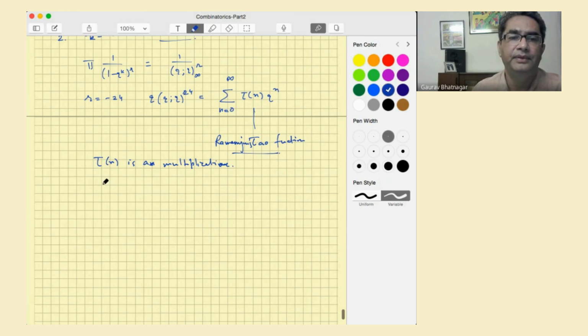And one of the things he said was that this is true for a prime number, something like this. And this was proved by Deligne, and he got a Fields medal for it.